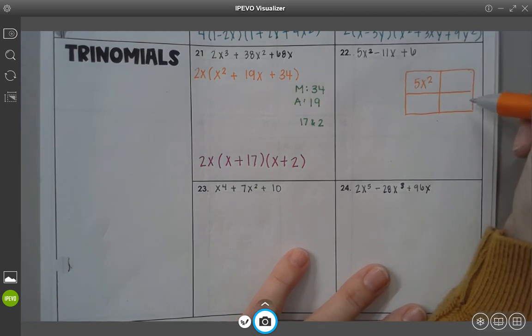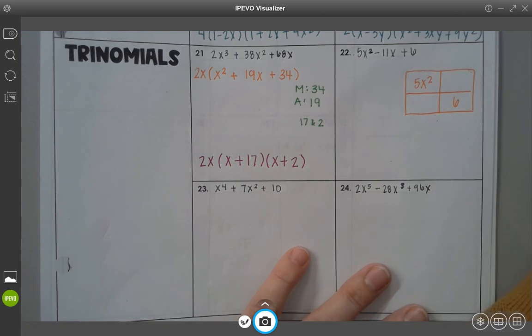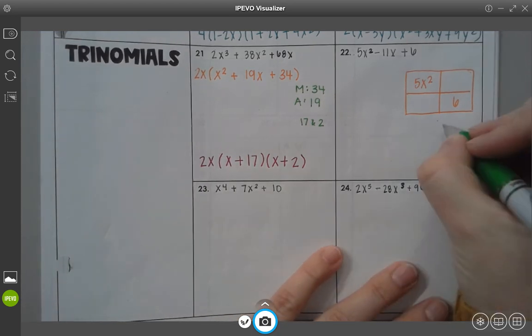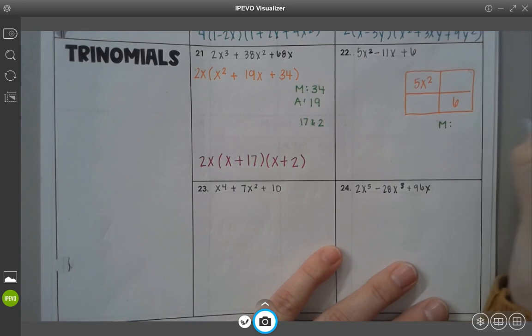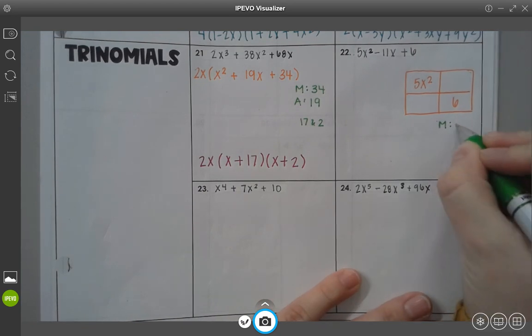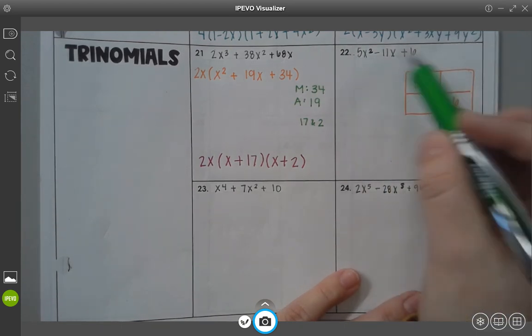What do I put in the bottom right? 6. Now we want 2 numbers that multiply to be what? 30. Remember, 5 times 6 gives us 30.